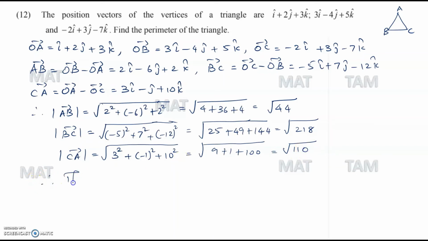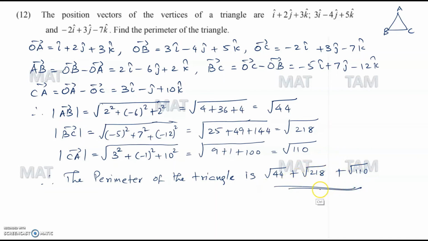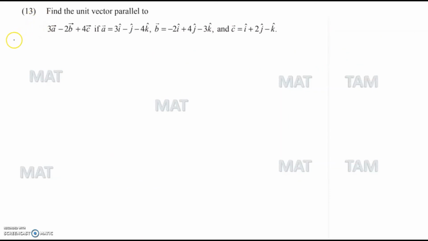Therefore, the perimeter of the triangle is root 44 plus root 218 plus root 110. That's the answer.